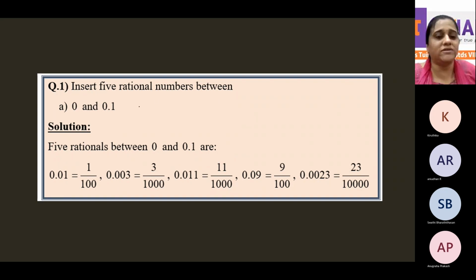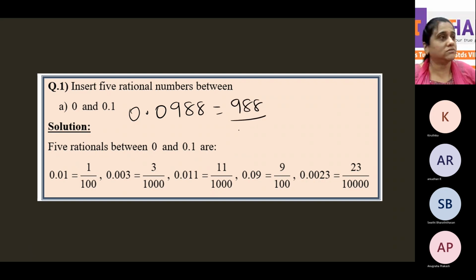Now, for example, supposing you write 0.0988, then it will be 988 divided by 1 followed by 4 zeros.